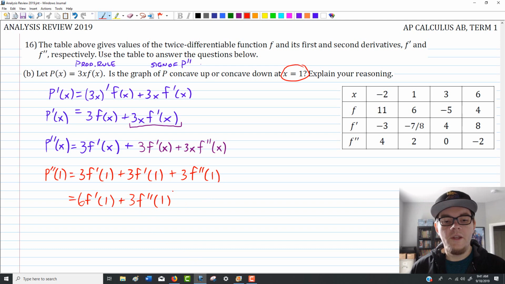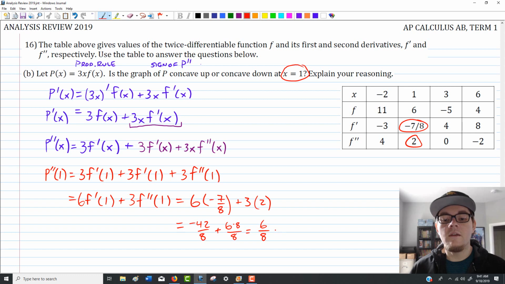Okay, so with those pieces in place, we now need to calculate their value. So 6f prime of 1, 6 times negative 7/8, geez, what was I thinking? Plus 3f double prime of 1, which is 2. So we've got, it looks like, negative 42 over 8 plus 6. And 6 is 48 over 8, which means this whole thing is equal to 6 over 8.